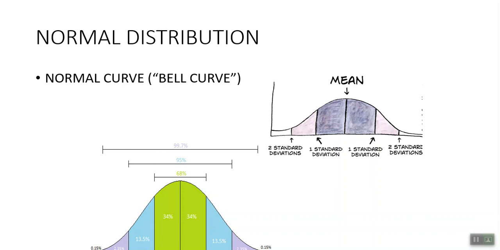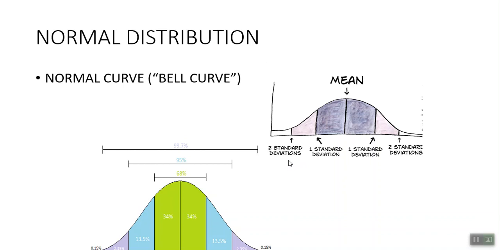Okay, so what we like to see is what we call a normal curve. All right, a normal curve is sometimes called a bell curve because it looks like the bottom of a bell. So imagine you had your handle, ring, ring, okay, and that kind of looks like a bell, so that's why sometimes you'll hear it called a bell curve.